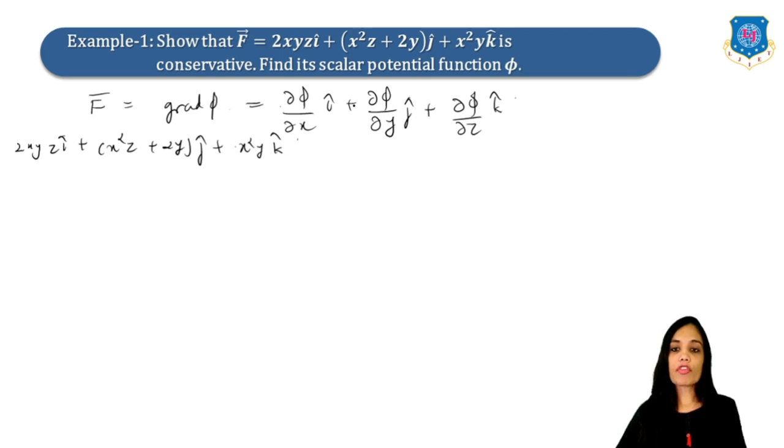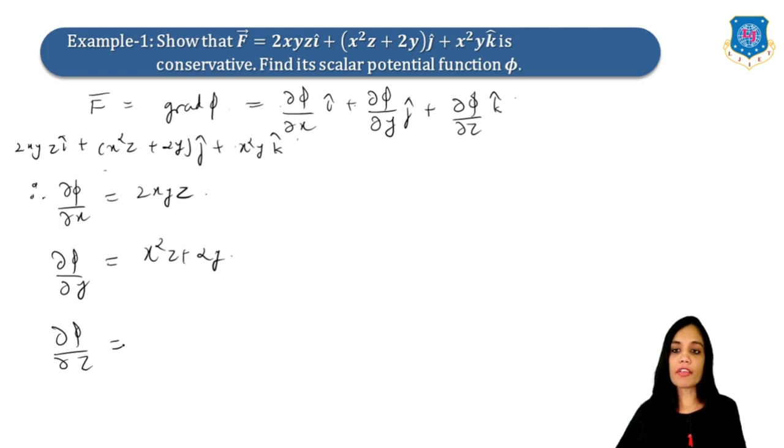Fine. Now you have to compare on both sides. Therefore, del phi by del x will be 2xyz. Similarly, del phi by del y will be x square z plus 2y. And lastly, del phi by del z will be x square y.